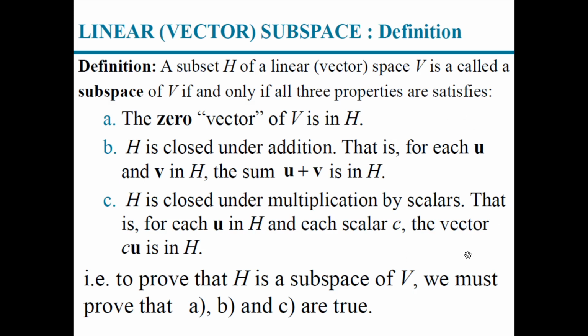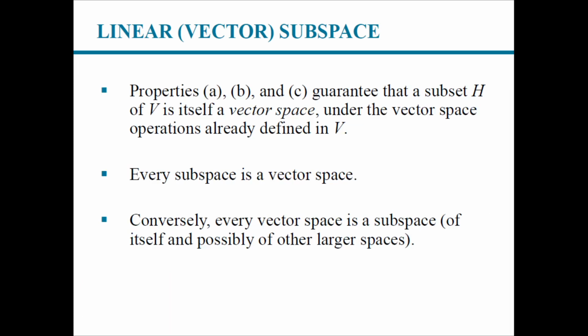That's the main goal here. Every subspace is actually a linear space, and every linear space could be seen as a subspace of itself or some other bigger linear space. So these are just terminology. As I said, technically you can use subspace, but if you don't wish to, it's fine. You can just say linear space.